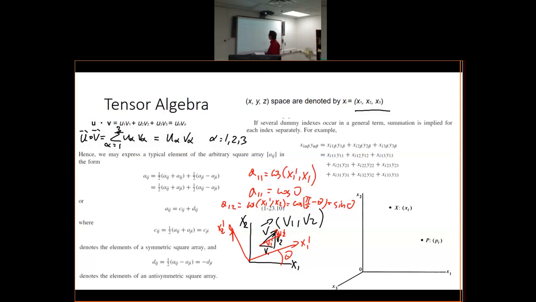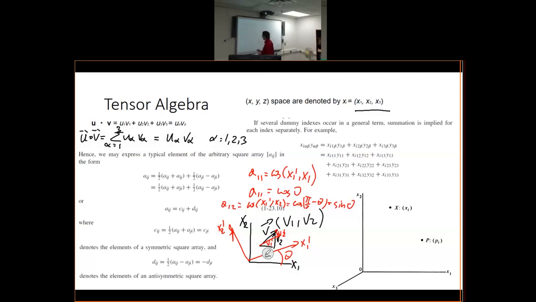And if this is any tensor, then we can always express it by transposing this tensor from Aij to Aji, and by adding and subtracting, I can produce the symmetric and anti-symmetric components.